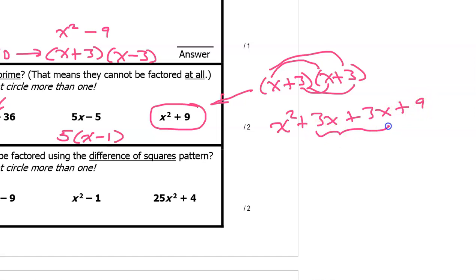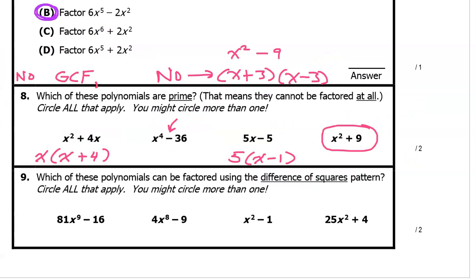But then I have these like terms here, and these don't cancel out, they just combine. So that's going to give me x squared plus 6x plus 9. So this does not equal the original problem. So x plus 3 times x plus 3 is not another way of writing x squared plus 9.